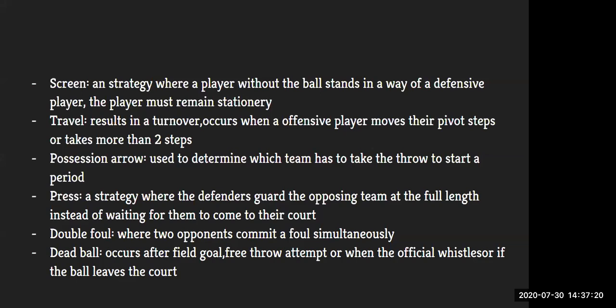Traveling is when you take more than 2 steps after holding the ball, and that results in a turnover, so the other team is given the ball. Possession arrow is used by the officials to determine which team has to start the game with a throw-in.